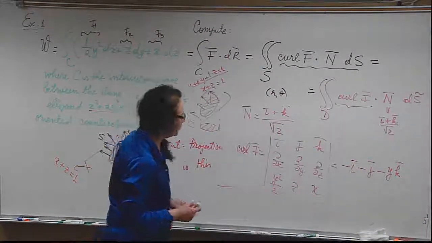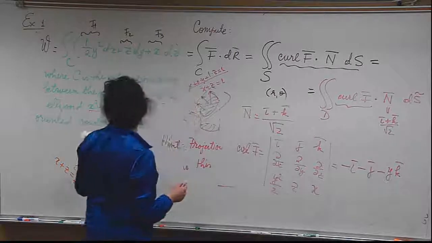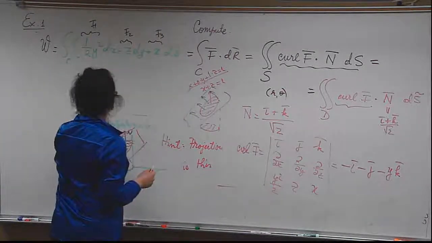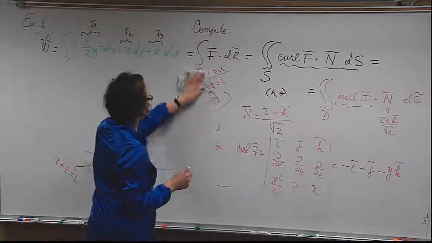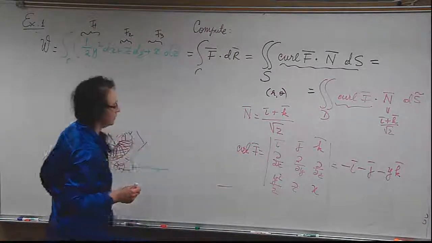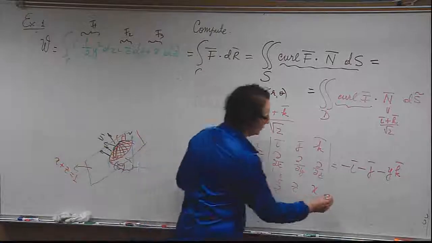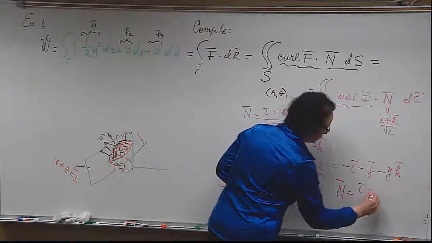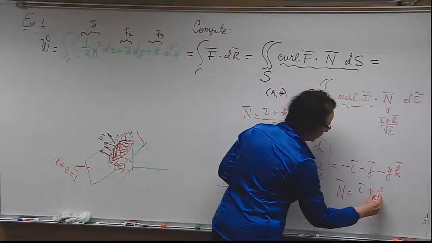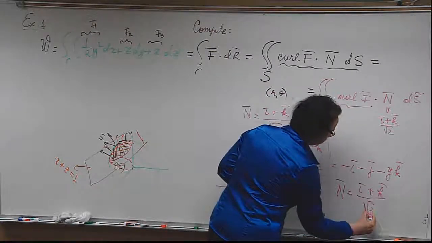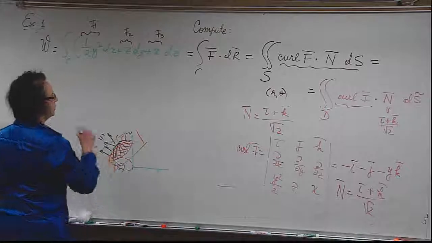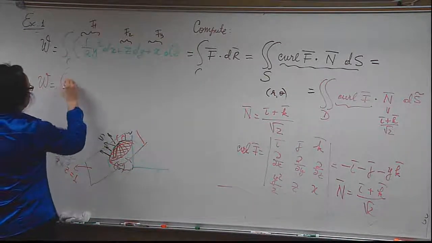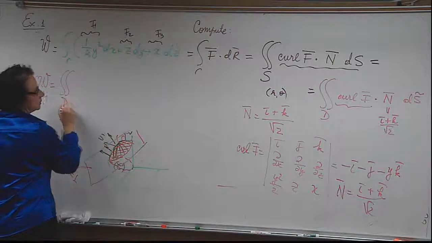So when you do the integral, what are you going to get? I'm going to erase a little bit here. You have your n, and your n is nice. What was it again, Alexander? I plus k over square root 2, right? So let's write down the integral. W will be the double integral over the domain.